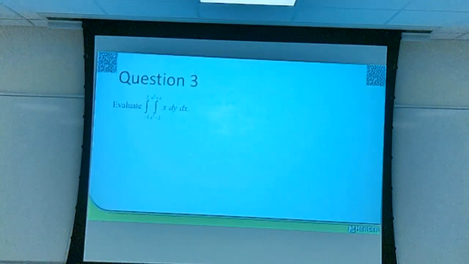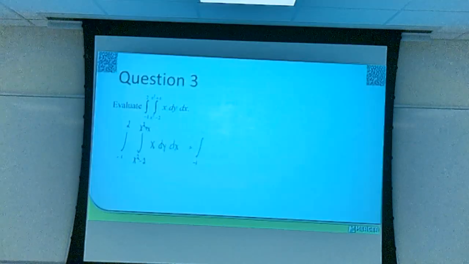For this one, it's not a rectangular region, so I can't really do that. First, it's with respect to y. Antiderivative of x with respect to y, just yx.